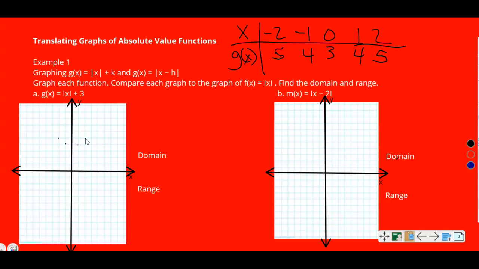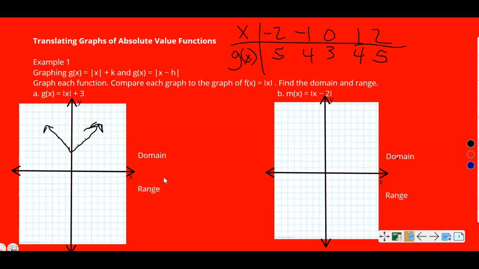All right, now I can make my v-shaped graph. And that would be the graph of absolute value of x plus 3. You can see that it is the same as the parent function, shifted up 3. So k is just a vertical movement of the whole entire graph.